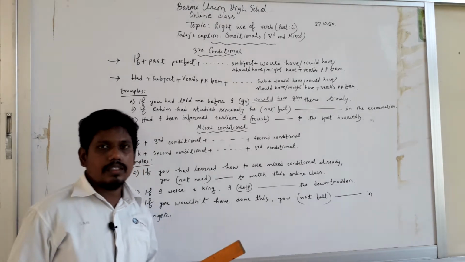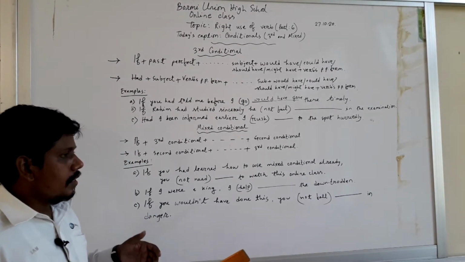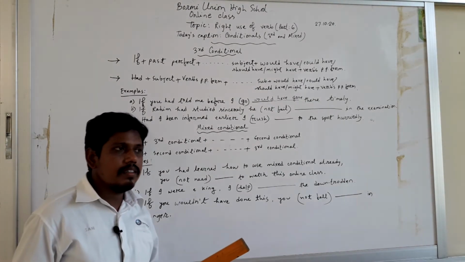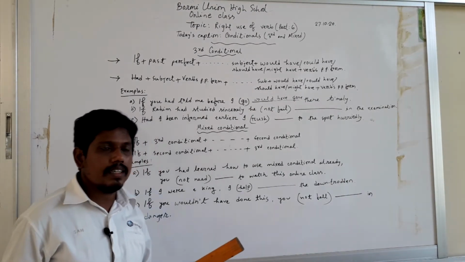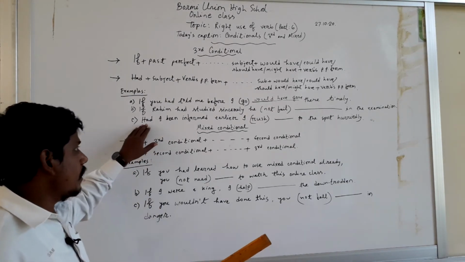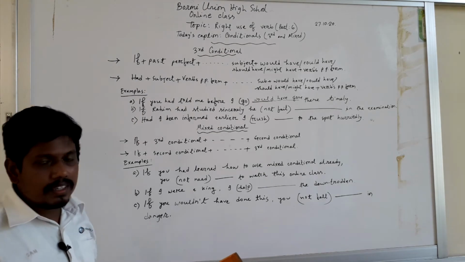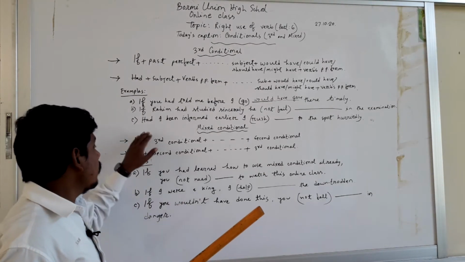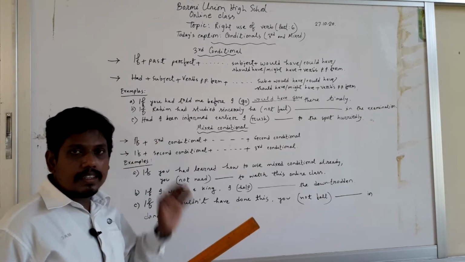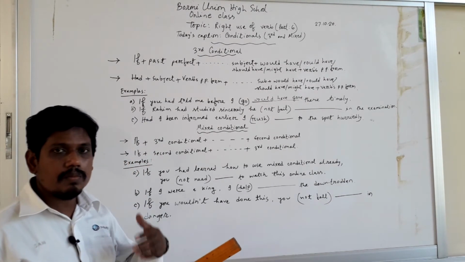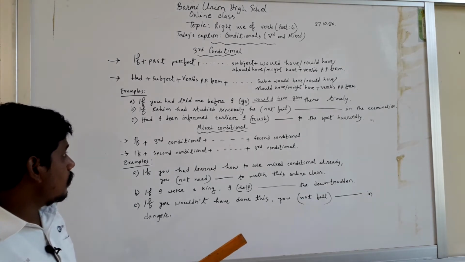Students, notice a thing, that is sometimes if will be avoided in conditional sentence, and in this case if you find had at the first part of the sentence, then you have to consider it as conditional. Here had replaces the place of if, and if you find had as the beginning of the sentence, then you have to consider it as third conditional.